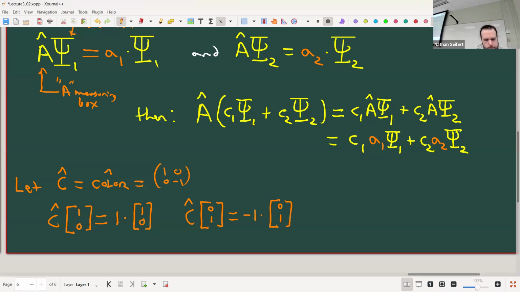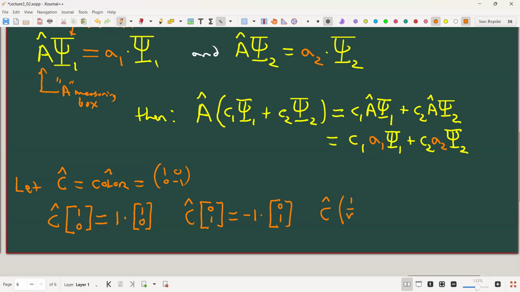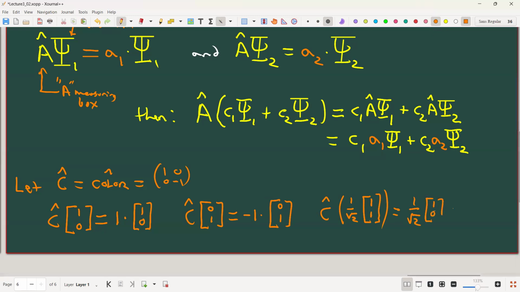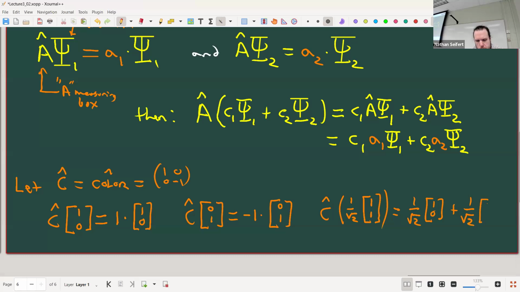Okay, so now what is C applied to 1 over the square root of 2, 1, 1? Which is 1 over the square root of 2, 1, 0, plus 1 over the square root of 2, 0, 1, right?